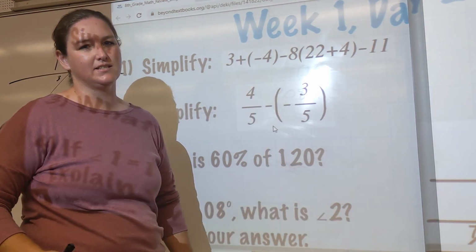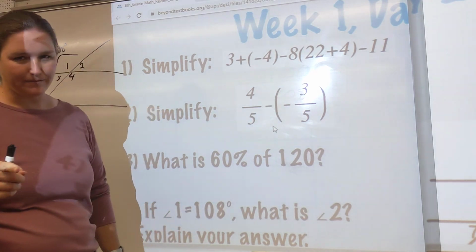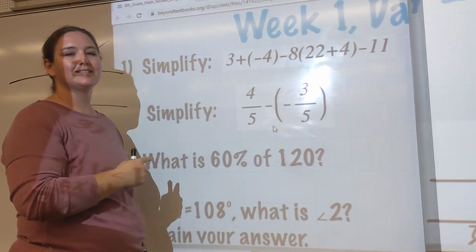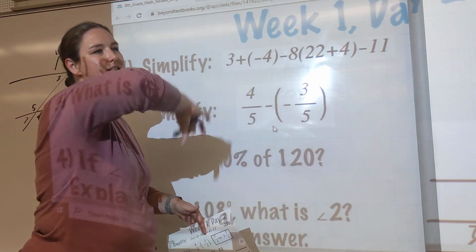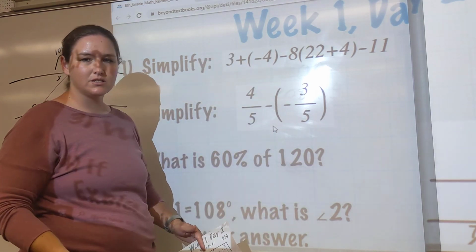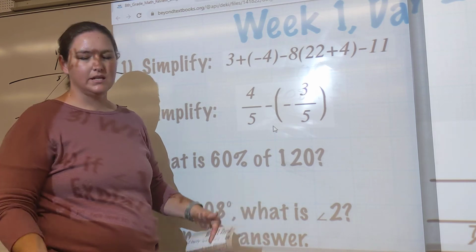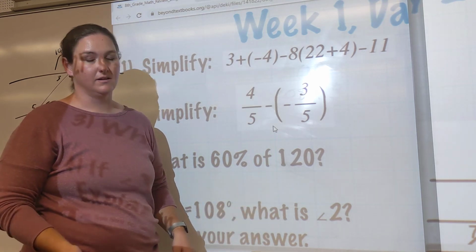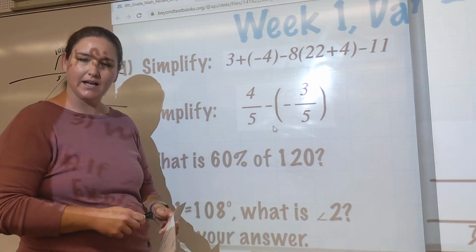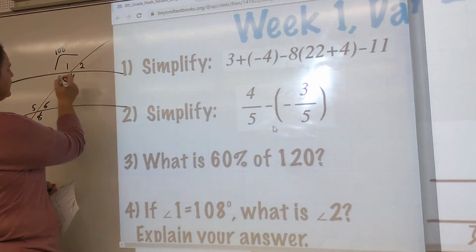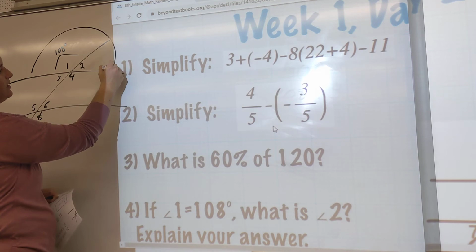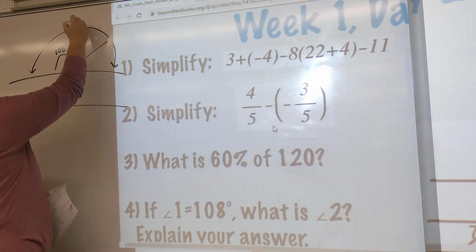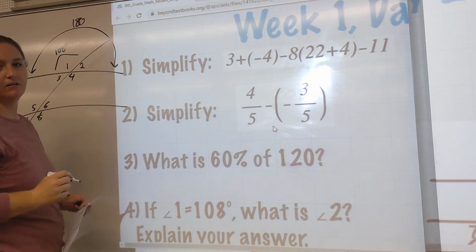Whoa, he just landed his 360. What if he lands halfway? What if he's going forward and he lands and he's turned backwards now? What did he just do? He did a 180. That is a straight line. So this right here, from here to here, is a 180.